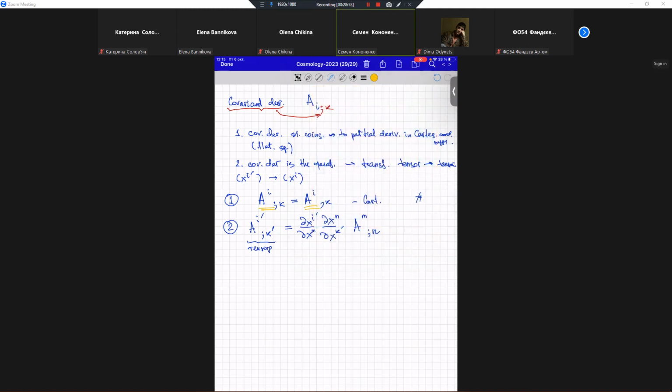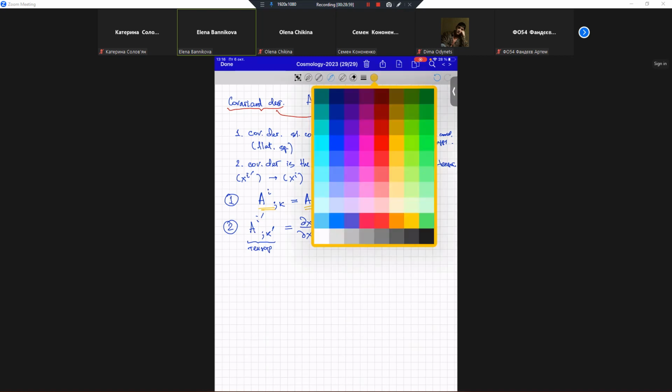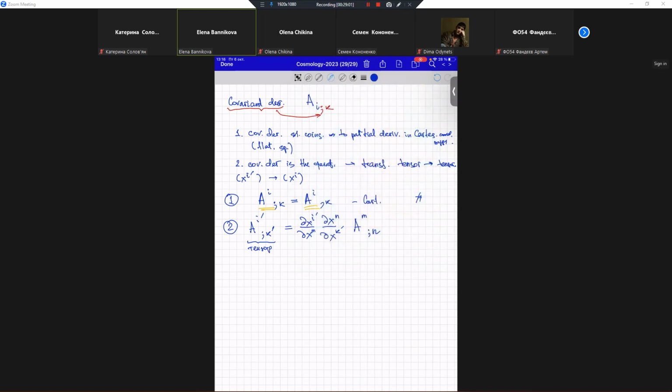What is the main difference between comma and comma with dot? The comma means that this is the normal derivative, just d by dx, as we are usually used to.